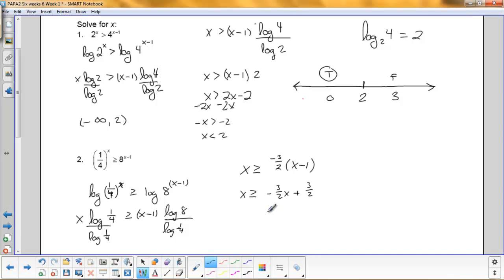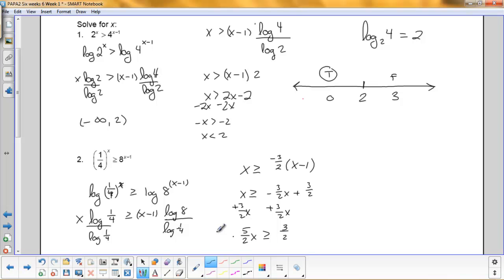I'm going to add that 3/2 x to the other side of the equation. And I get 5/2 x is greater than or equal to 3/2.